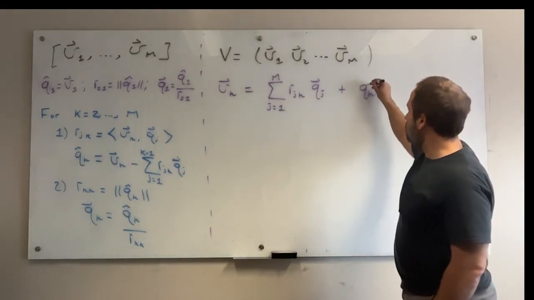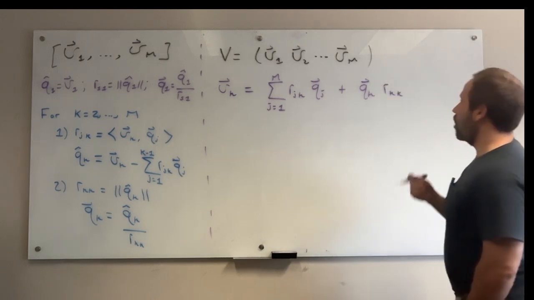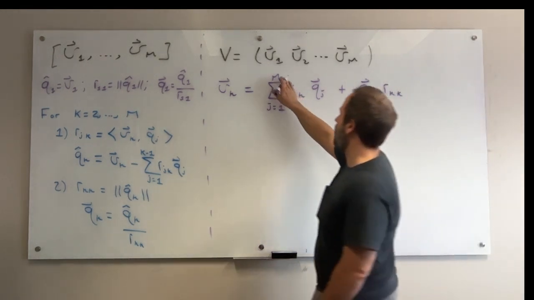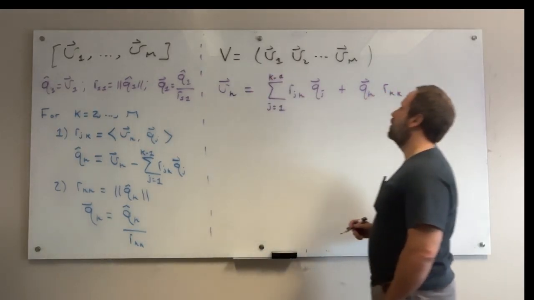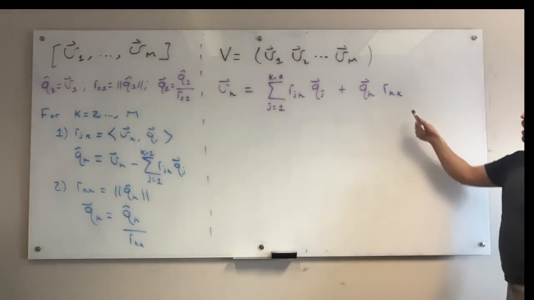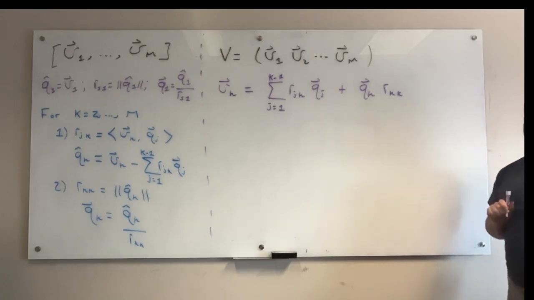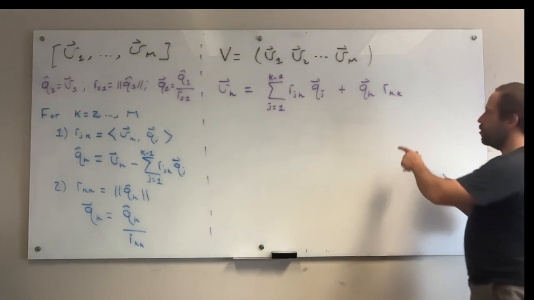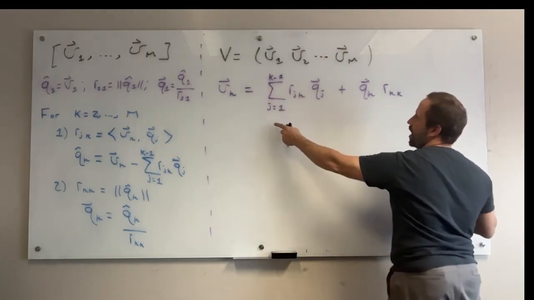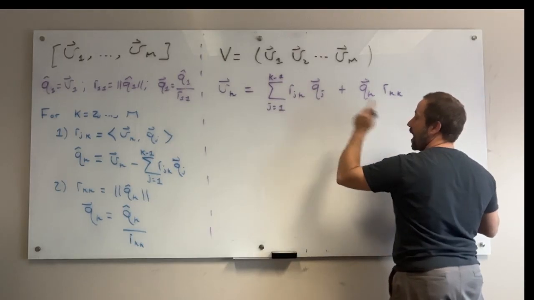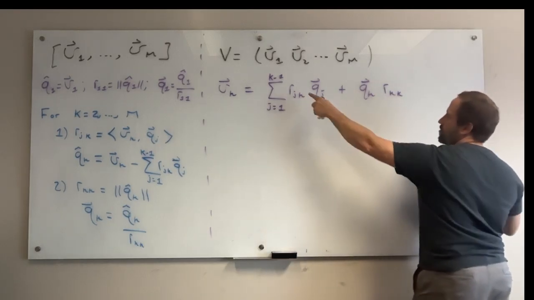Qk hat is simply qk times rkk. But notice what happens here. I know the sum only goes up to k minus 1, but if j is equal to k, this is rkk qk. So this is exactly the kth term of this sum.